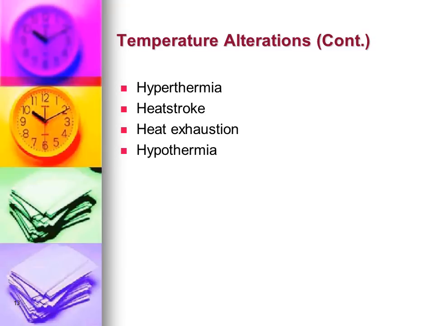Vital signs reveal a body temperature sometimes as high as 45 degrees Celsius or 113 degrees Fahrenheit, with an increased heart rate and lowering of blood pressure. The most important sign of heat stroke is hot, dry skin.